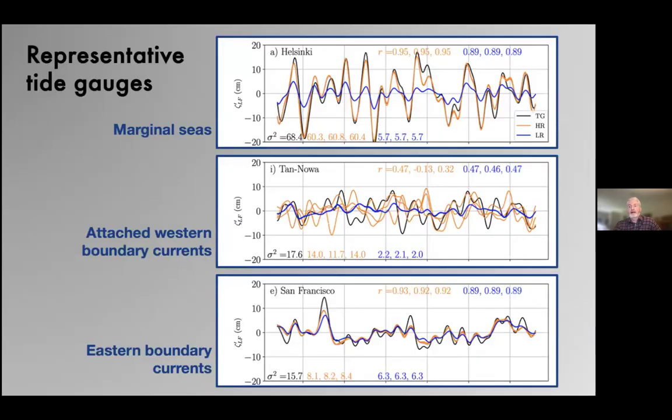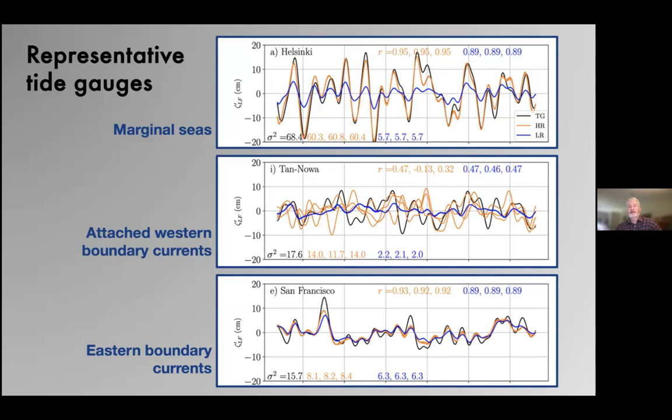So one thing that that regional similarity allows us to do is isolate the general model data differences and tide gauge to model differences by using representative tide gauges. So in this slide, I'm showing three different tide gauges. One Helsinki, one Tan-Noa, which is in the attached Kuroshio region, so really high intrinsic variability, and then San Francisco, which is indicative of the North American West Coast.